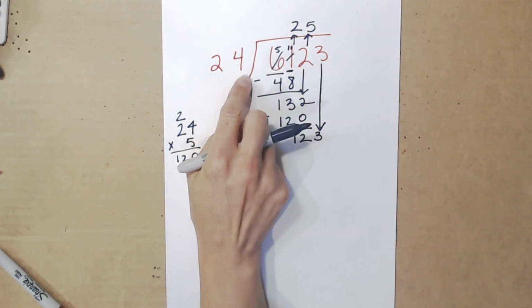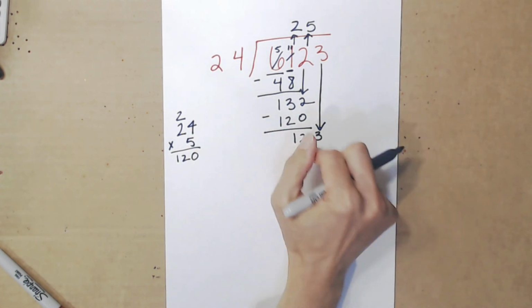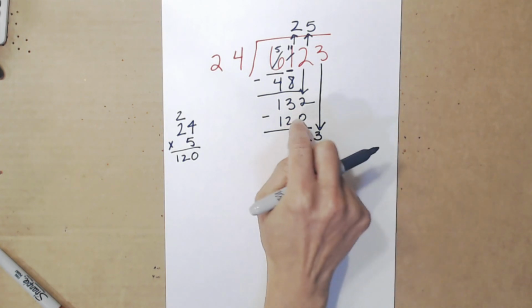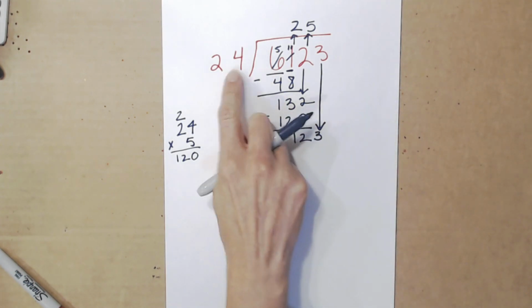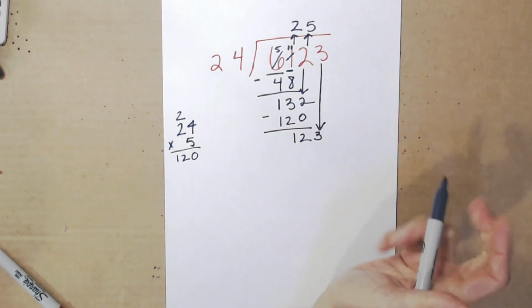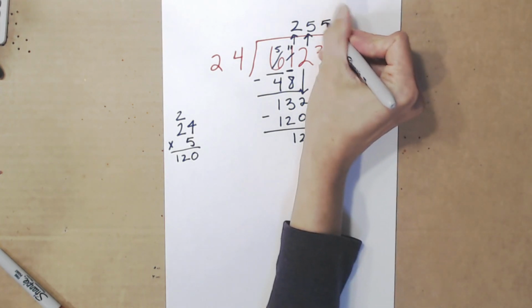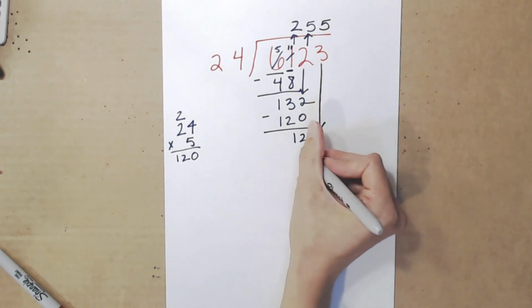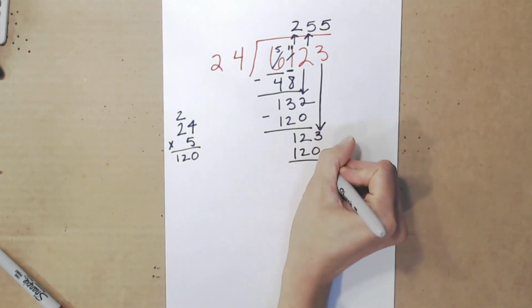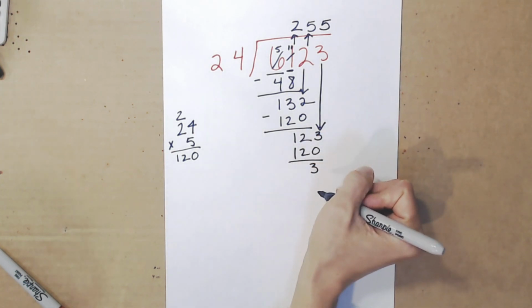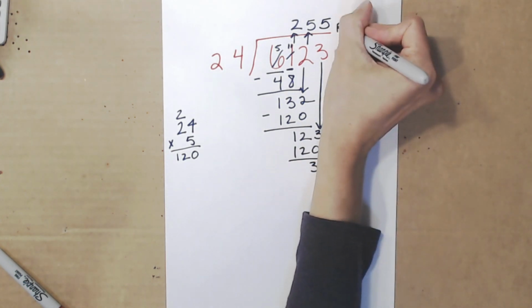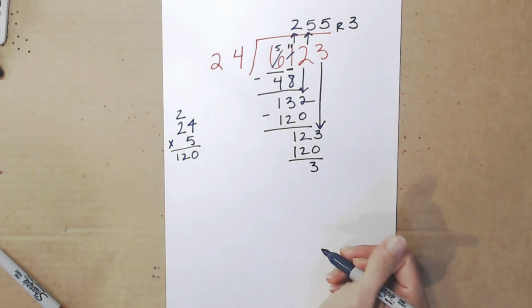So now again, how many 24s can go into that? I knew that 5 24s was 120, so that's as close as I'm going to get again. So I'm going to do 5 again. 5 times 24 is 120, and I get 3 as a remainder. So remainder 3.